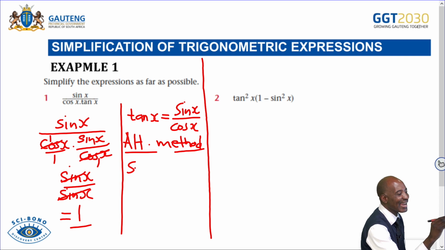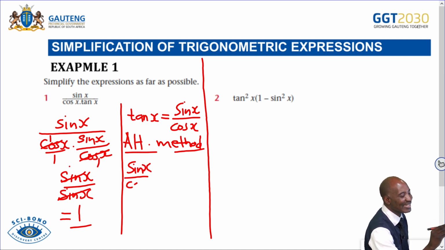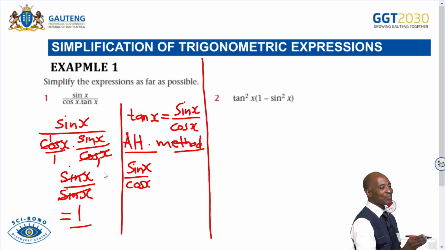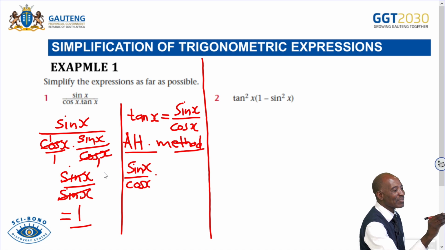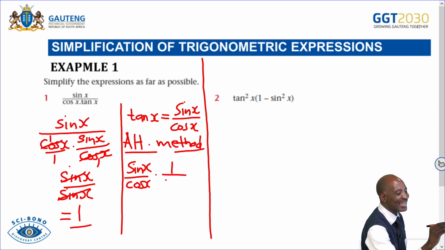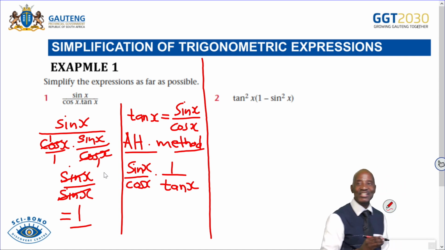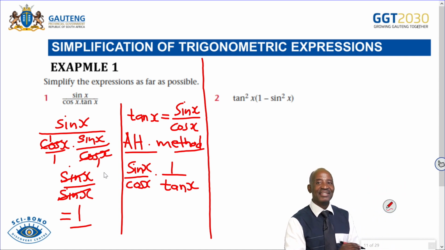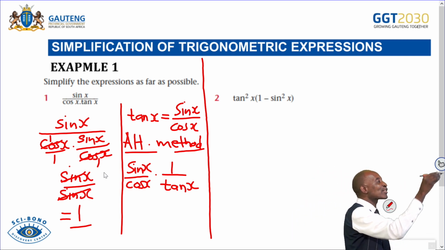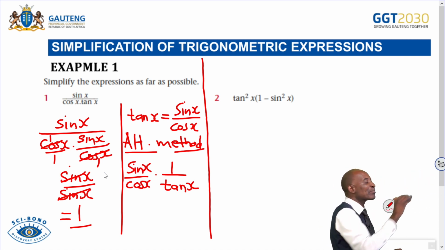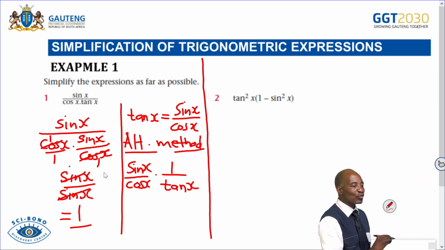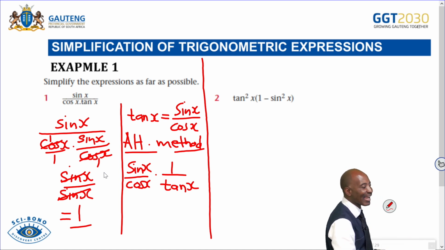I have sine x in the numerator divided by cos x there, and then this is multiplied by 1 over tan x. Must be careful. That tan is a denominator. It's not just tan. That's why it says sine x divided by tan x. So this gives us another tan.